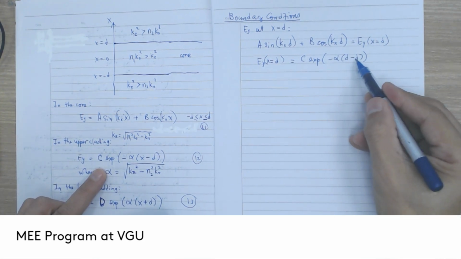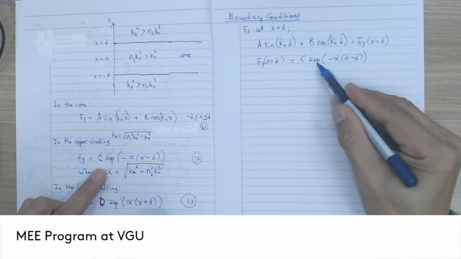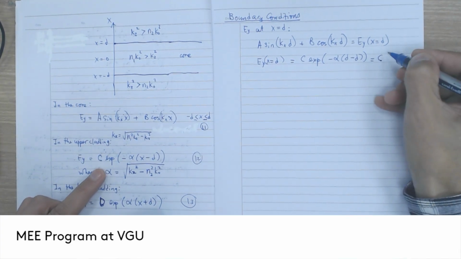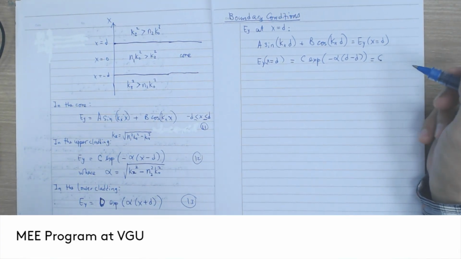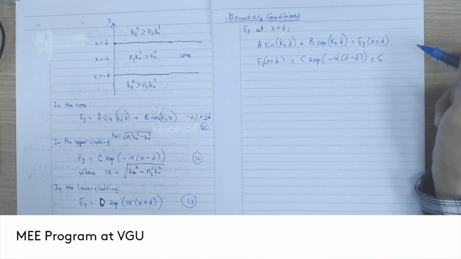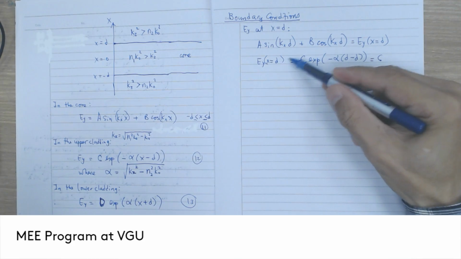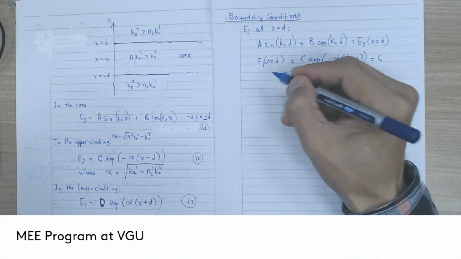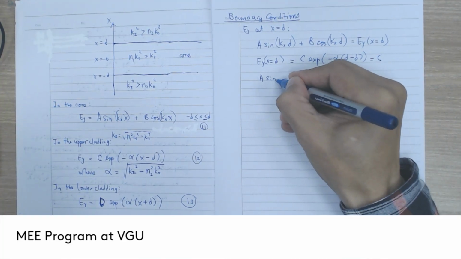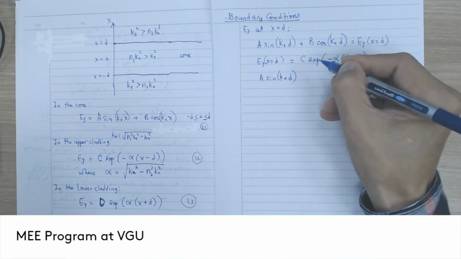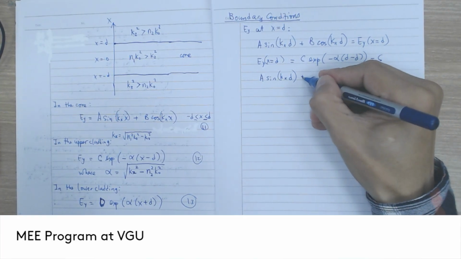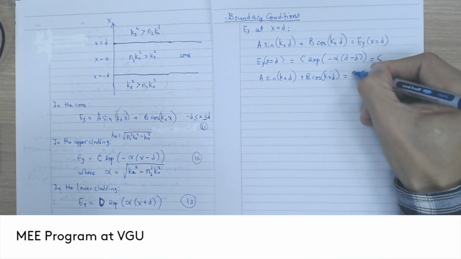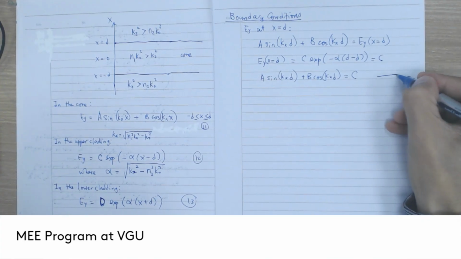So d minus d is 0, and the exponential of 0 is 1. So it is eventually equal to c. This is an important finding, and this had to be equal, otherwise it doesn't make sense at all. So this is the boundary: a sine kx d plus b cosine kx d is equal to c. This is equation 14.